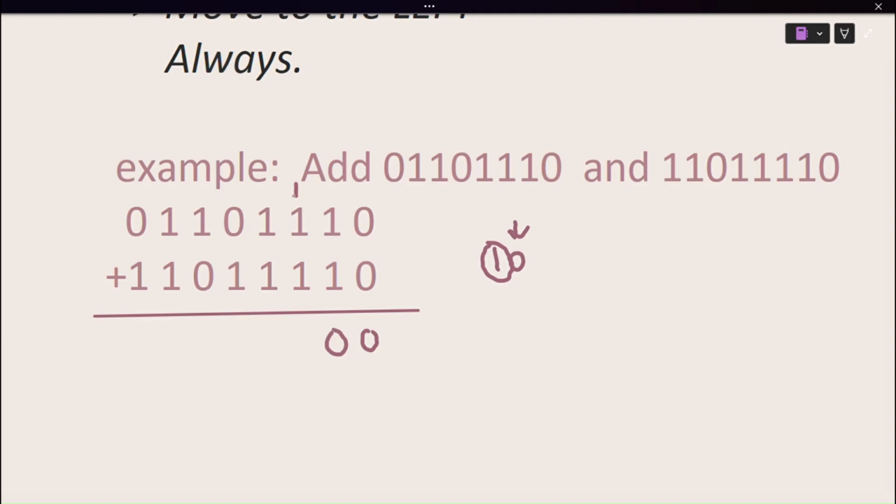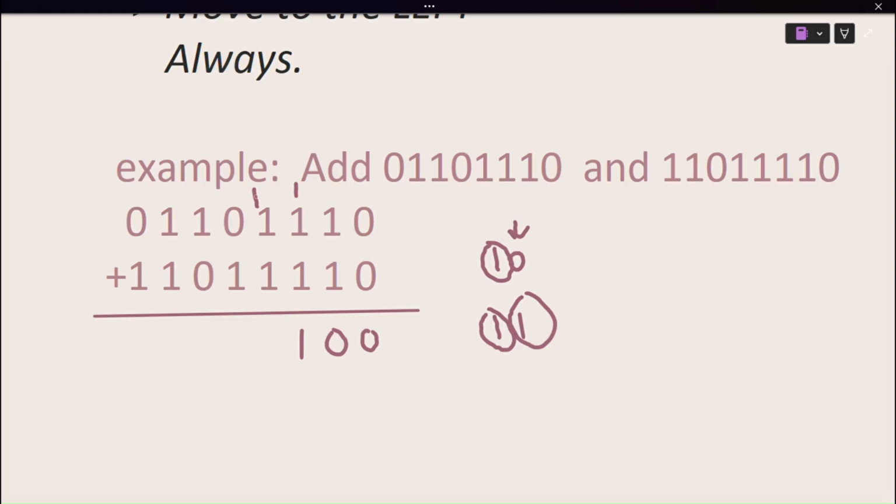Now you can see there are 3 ones here. We saw in rule 5 that 1 plus 1 plus 1 is equal to 11. So I'm going to write 1 here and 1 carry, because I get 11. So 1 goes into the sum part and the other is going to be carried away. So here I carried this other 1.